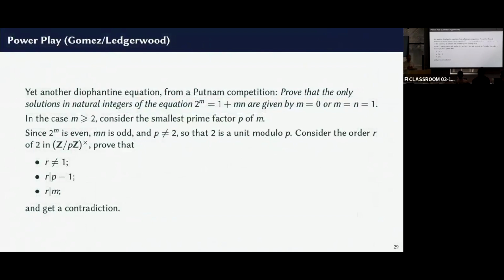It divides M, so it has to be smaller than... Okay, you know that P is the smallest prime factor of M. So if I have a non-trivial divisor of M, it has to be bigger than the smallest prime factor of M, so bigger than P. So from this, I get that R is at least P, or it's 1, but it's not 1. And so I get the contradiction. And so you can do that in Lean.